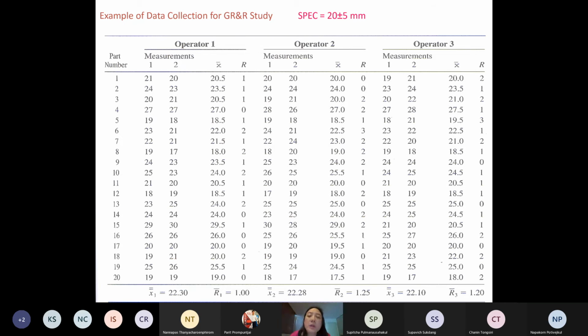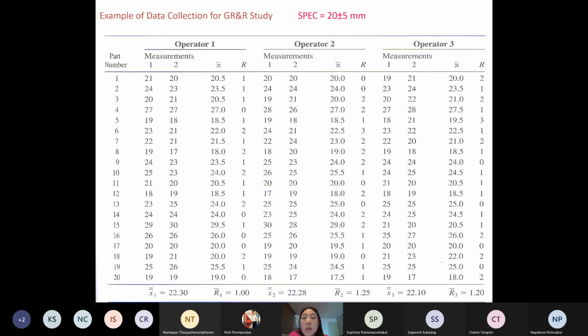In this class, I just want you to have a big picture of indicators about the accuracy and the precision of the measurement system. In terms of the precision, we will be concerned about repeatability and reproducibility. If you take a look at this table, we do not consider the actual results.